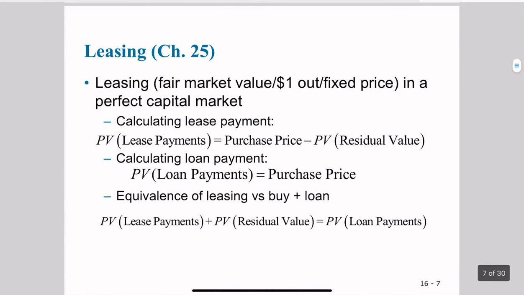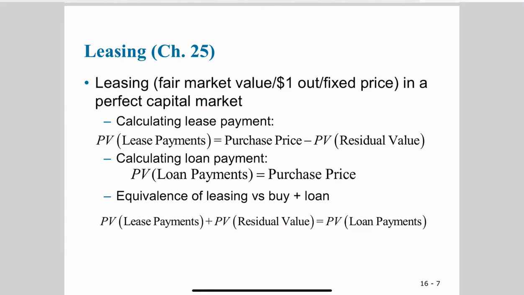And then chapter 25 is leasing. And this chapter is, I would say, heavy on all kinds of calculations, right? So first we start with this benchmark case. So we are basically looking at a perfect capital market. Specifically here, we don't consider tax. And in this case, leasing and buying with debt are essentially the same.